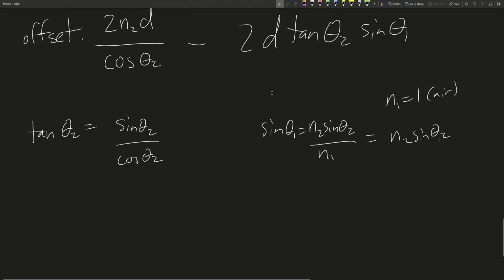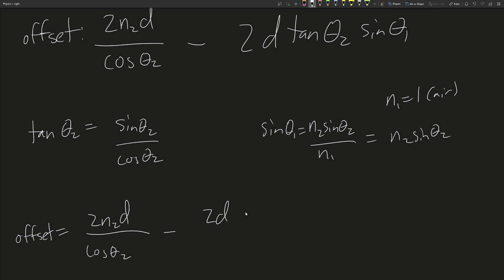Making these substitutions, our offset is going to be equal to 2n2d divided by cosine of theta 2 minus 2d sine theta 2 divided by cosine theta 2 times n2 sine theta 2.